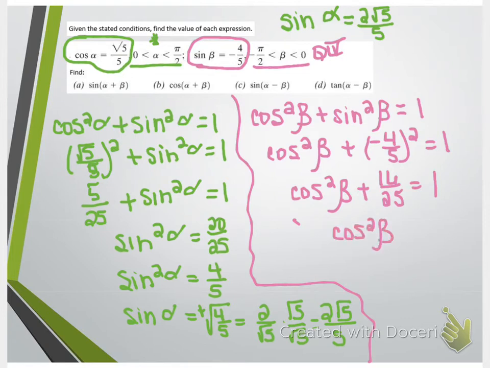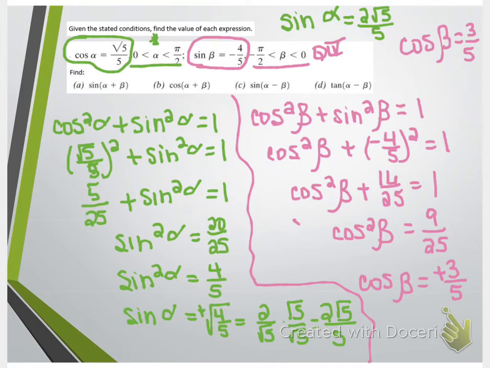Cosine squared beta equals 9/25. Square root of both sides. 3 over 5, and again we said it's positive because it's in quadrant 4 and cosine's positive there. So cosine of beta is 3/5.